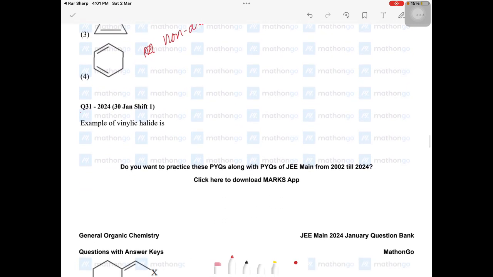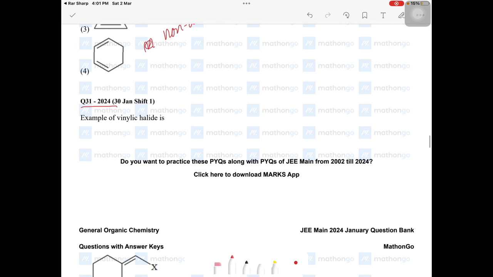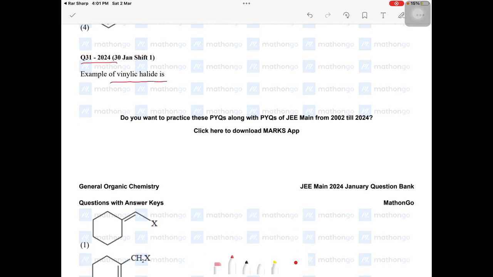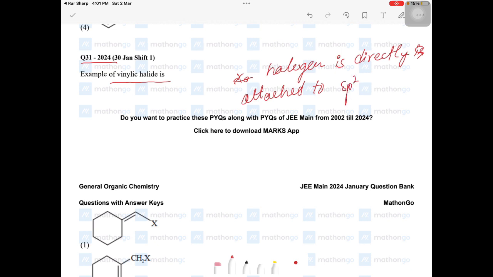Next, question number 35. Example of vinylic halide. Vinylic halide means halogen is directly attached to sp2 carbon.